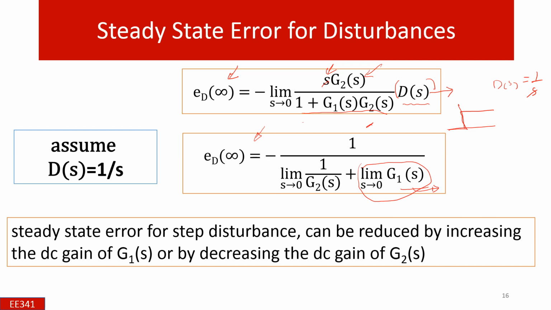If we decrease the value of the DC gain of the plant, which is G2 of s as s approaches 0, which is the DC value of the plant, or increase the value of the DC gain of the controller, then we are reducing the steady state error.